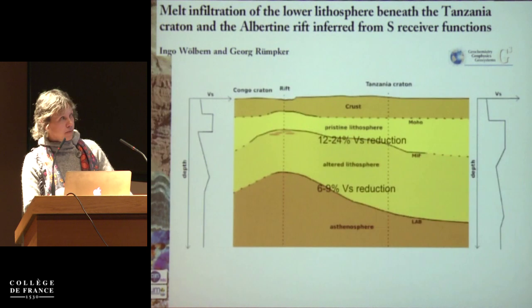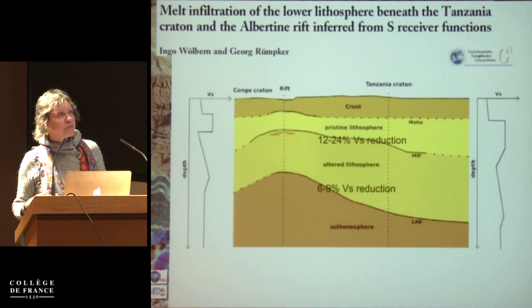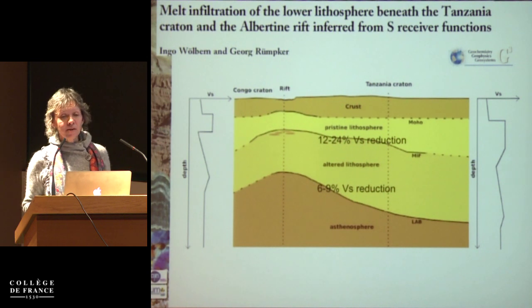This reflector is associated with a very strong velocity reduction that was interpreted by the authors as the presence of melts in the lithospheric mantle. So maybe we are seeing that kind of process in areas where the rifts are very young, when you are starting to thin the mantle lithosphere.